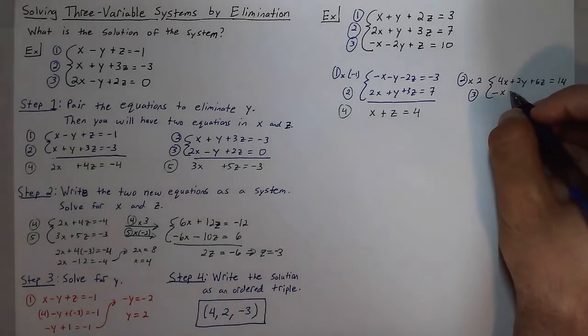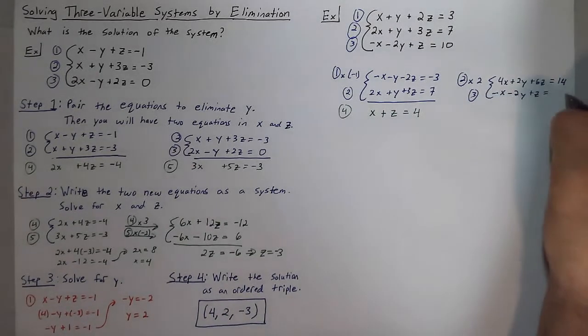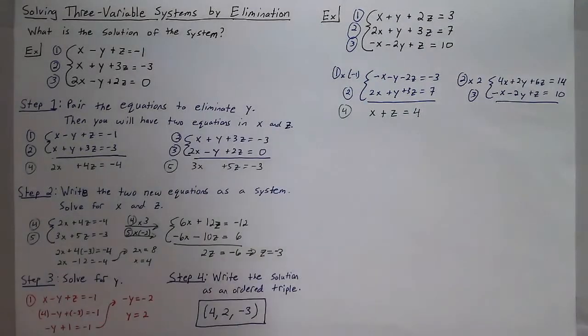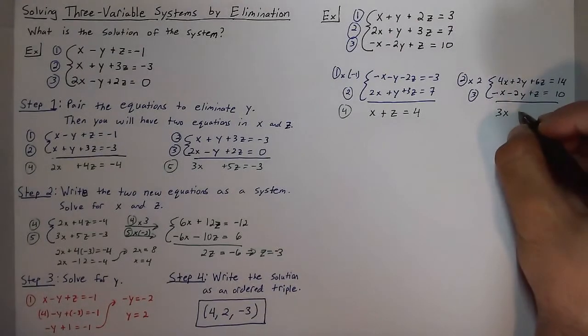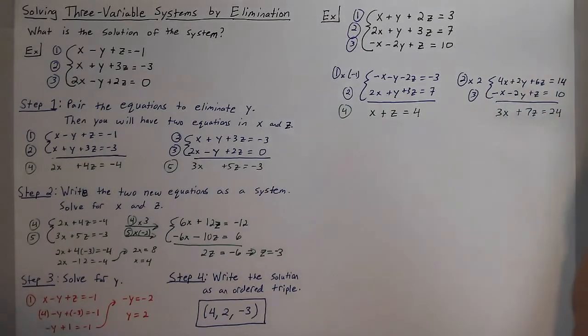I'll have negative x minus 2y plus z is equal to 10. Adding together, I'll get the equation 3x plus 7z is equal to 24.